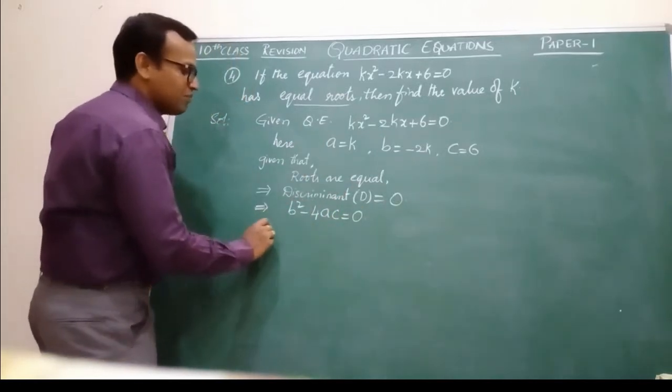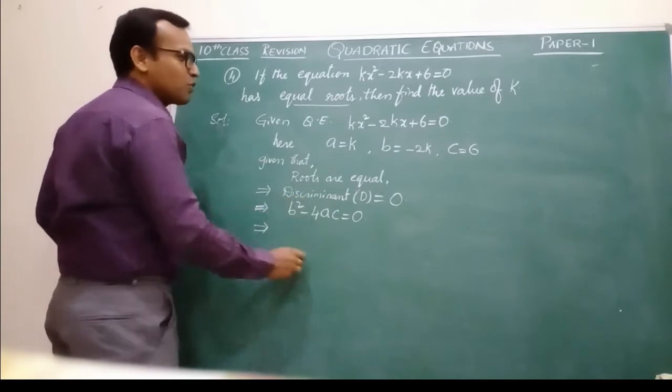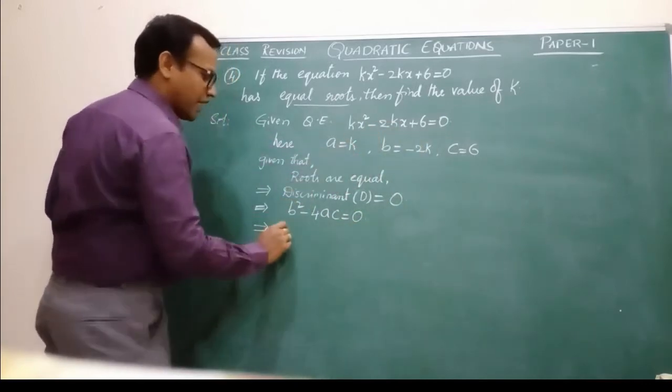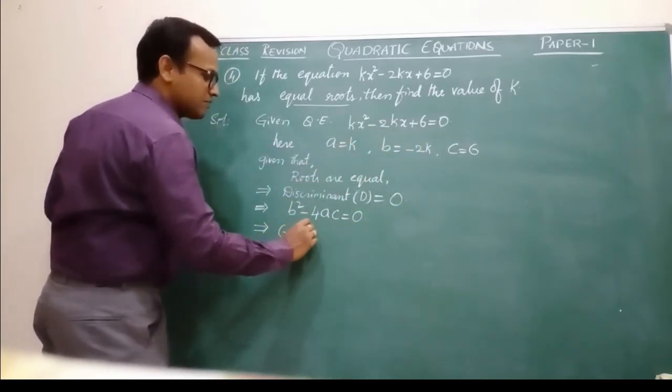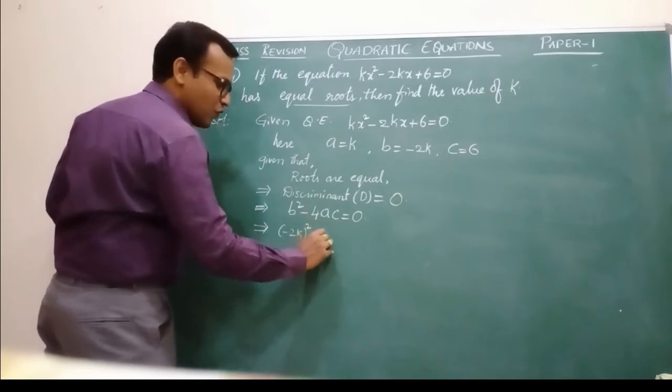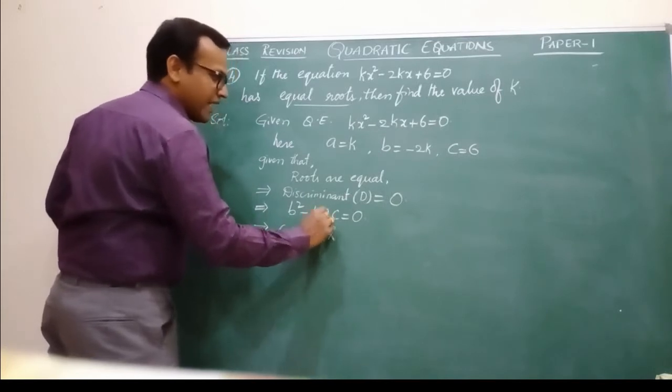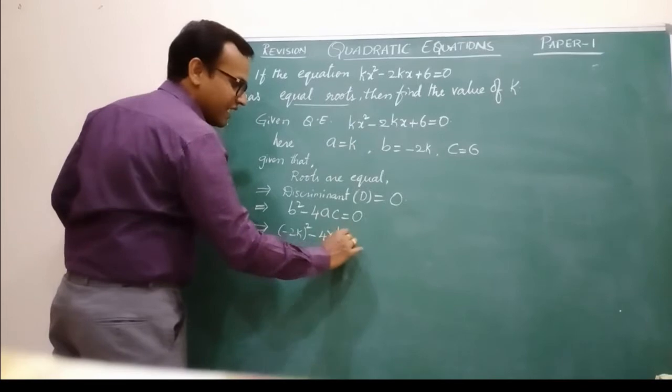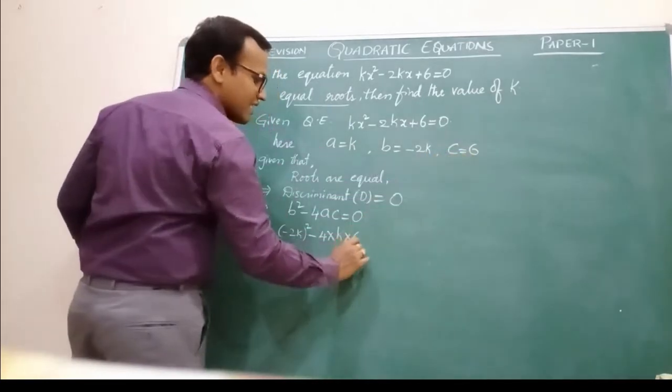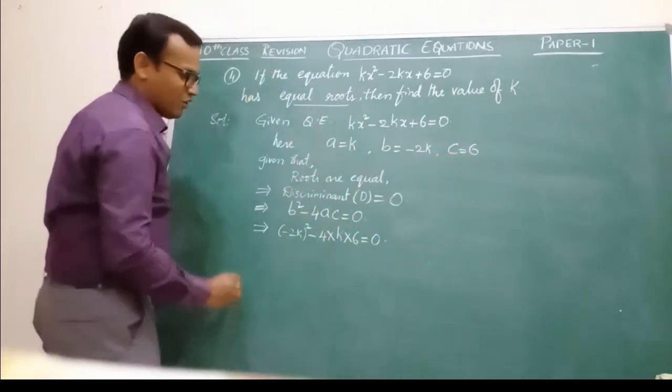Substitute the values of b, a and c here. b square means minus 2k whole square minus 4 into a, a value is k, into c, c value is 6, which is equal to 0.